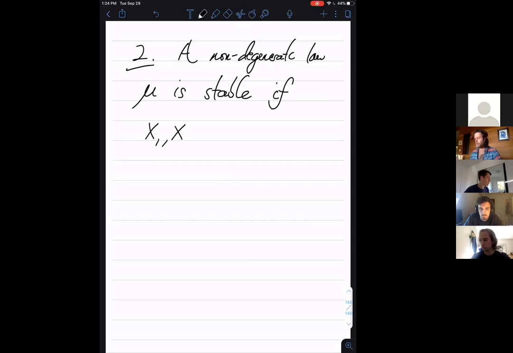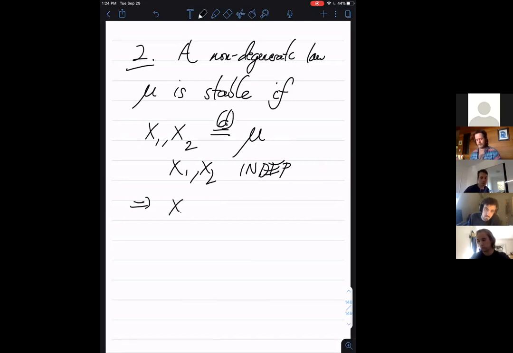If I have two random variables that share the distribution mu and they are independent, then when I add them up, I haven't left the type of mu.